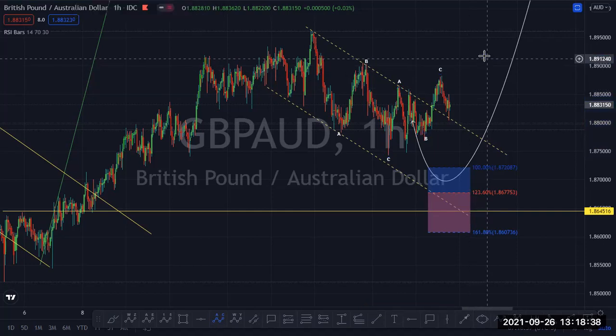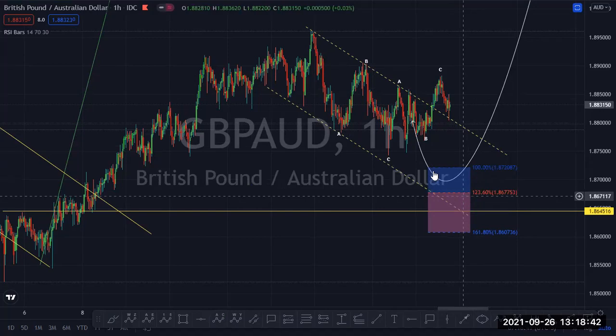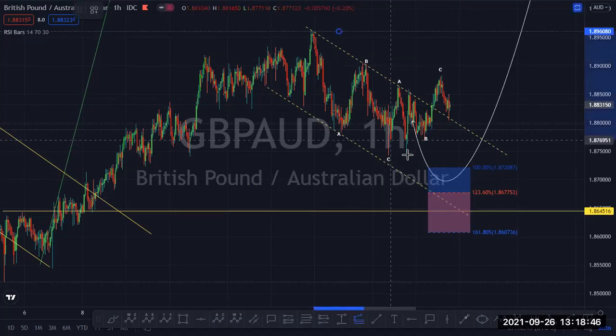It doesn't matter much. Now, the only thing that will make it drop to this level is that it wants to make a double correction.